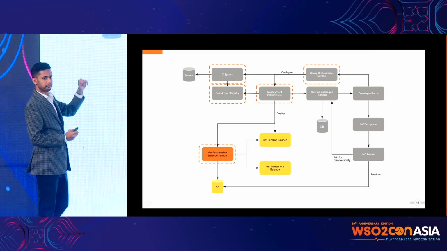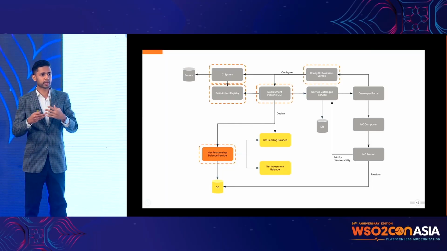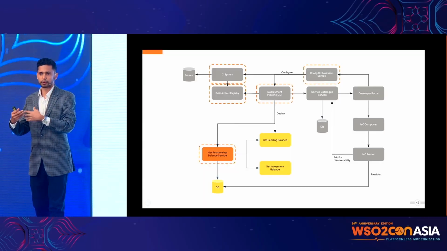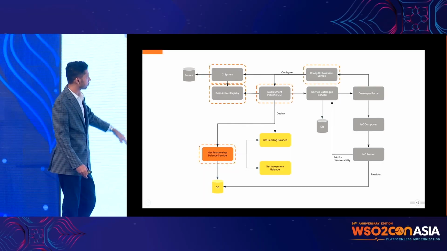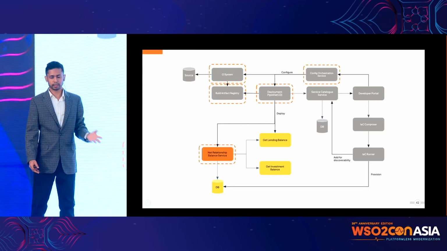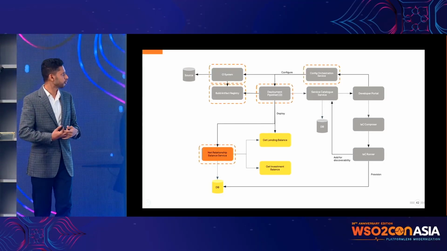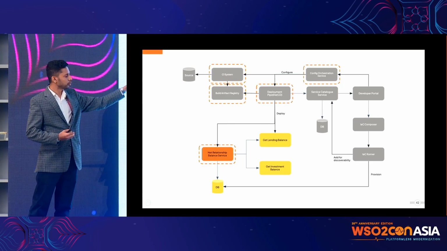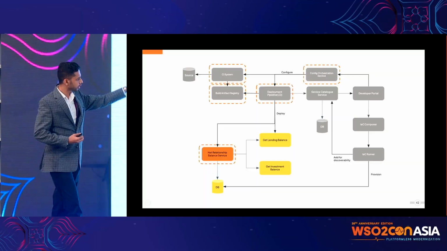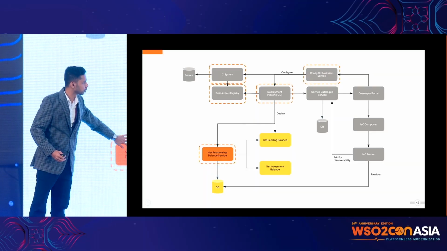Your CI will be configured to connect to your source repo, get it, and build it in some way. You might be using Argo or GitHub Actions internally, and then you have to push it to some kind of build artifact registry. In the world of Kubernetes, that would be a container registry. And from there, you would configure your CD system to pull from your artifact registry, and then deploy to your environment, to the Kubernetes cluster.